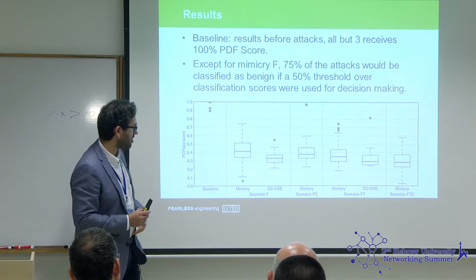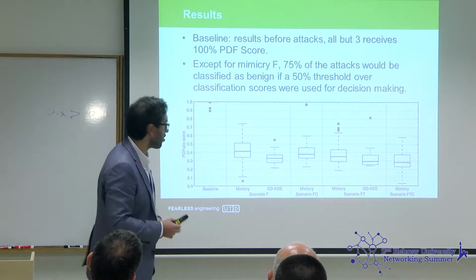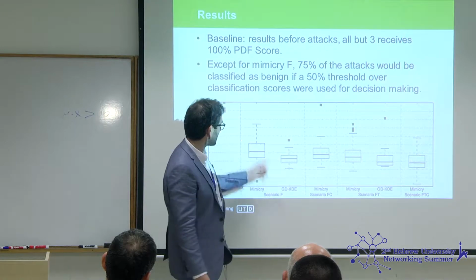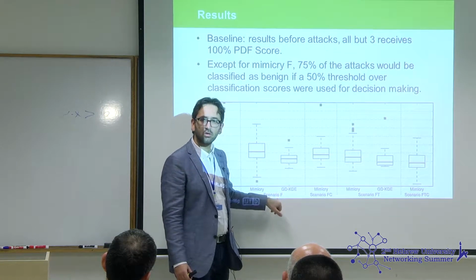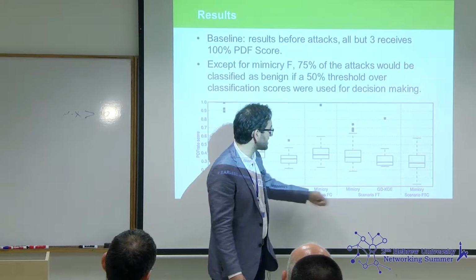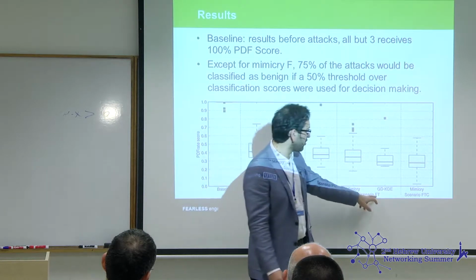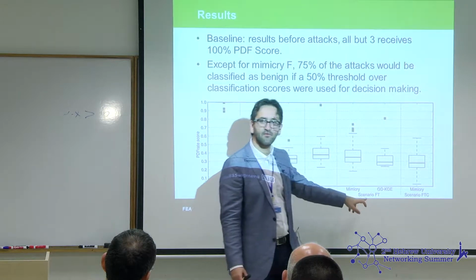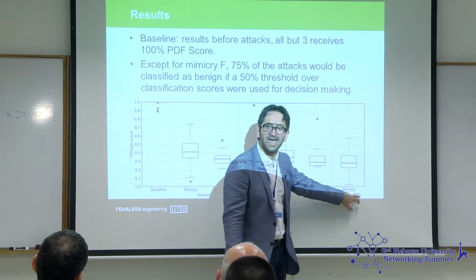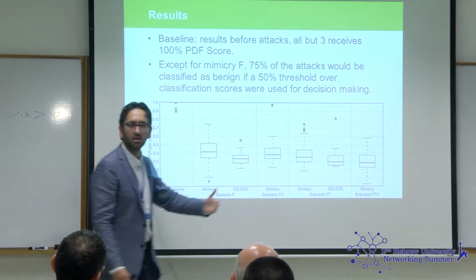Now they look at different scenarios where the attacker knows different things. In this scenario, the attacker knows the features. In this scenario, the attacker knows the features and the classifier. In this scenario, the attacker knows the features and some of the training set. And in this scenario, the attacker knows the features, the training set, and the deployed classifier.